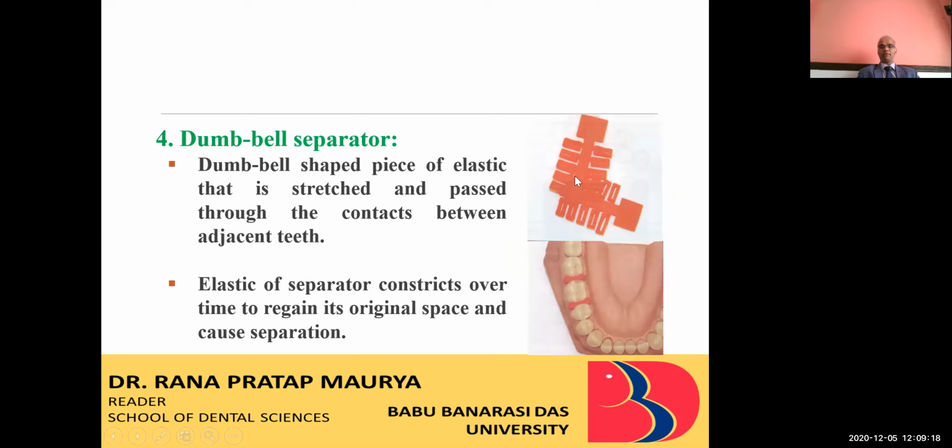These are made up of elastics that are stretched and passed through the contact between the two adjacent teeth. These elastics constrict over time to regain their original shape, thus causing separation of the two teeth.